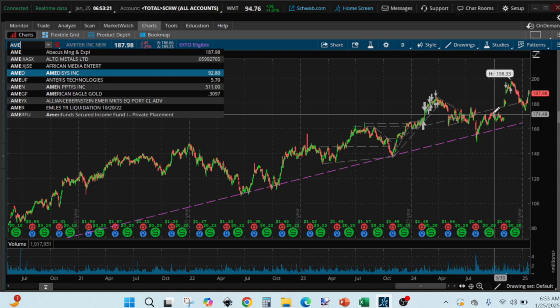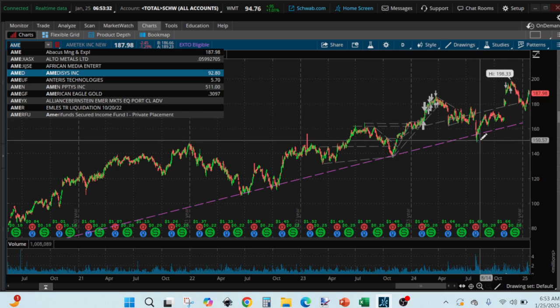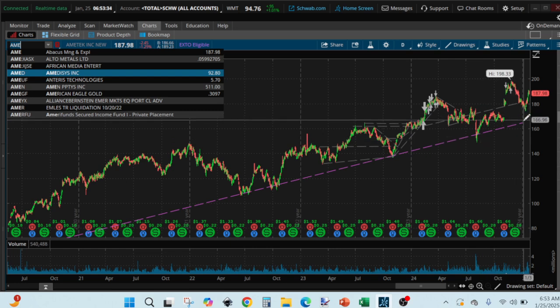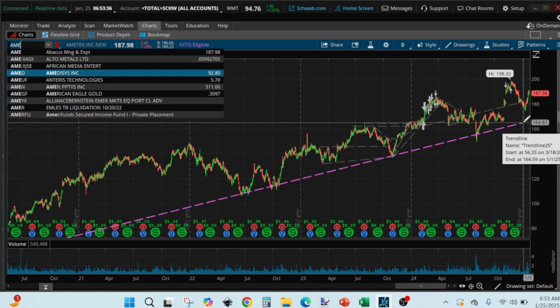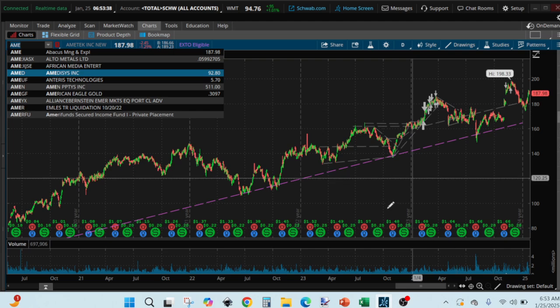So we do have some resistance line around that area that is resting and is pulling itself back up. So it didn't really come too close to this one that we like to buy at.